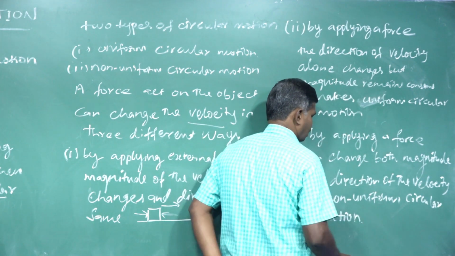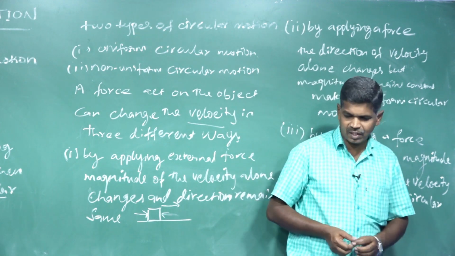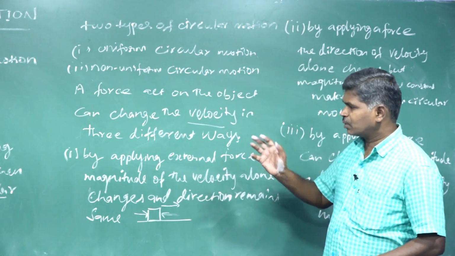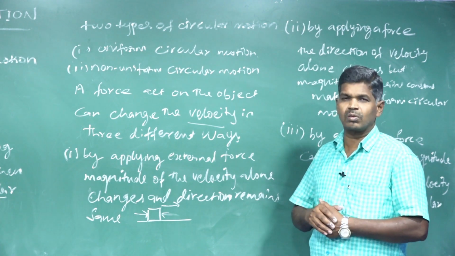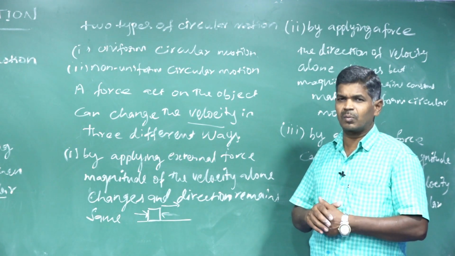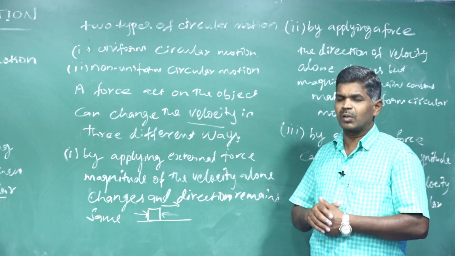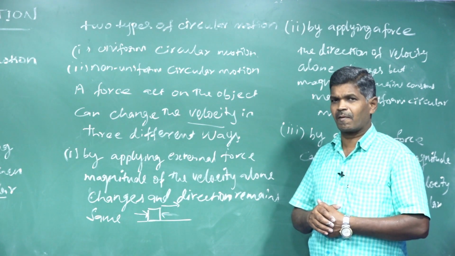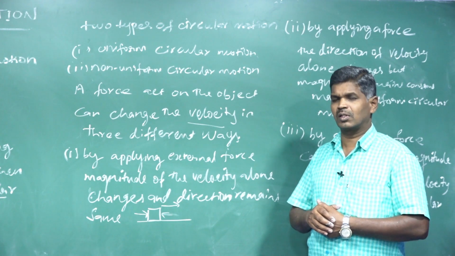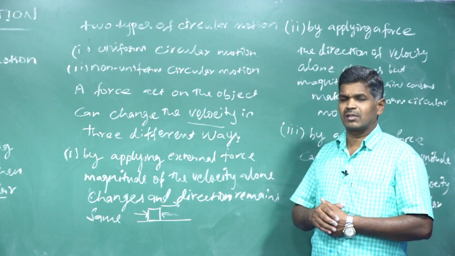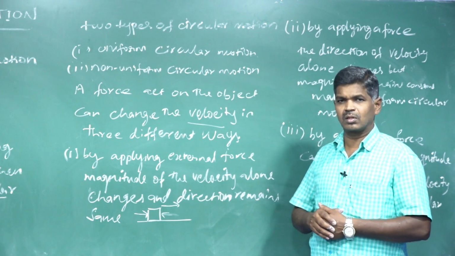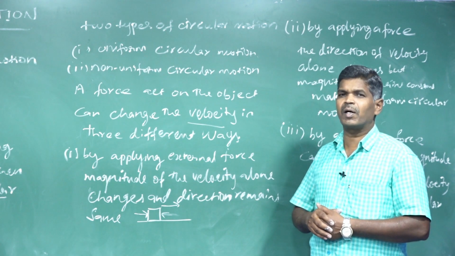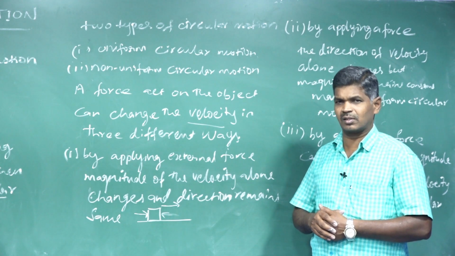So why are we seeing these three points? Any particle that wants to move in a circular path must experience a force, and only then can it move in a circular path. If you apply a force, the moving particle's velocity changes.